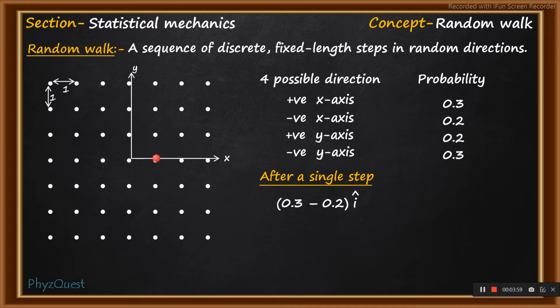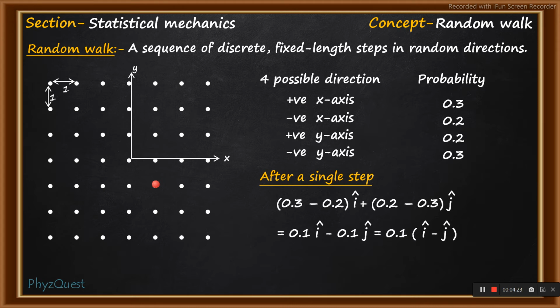Along the y axis, the movement of the particle will be (0.2 minus 0.3) j cap. Ultimately upon calculation this will be 0.1 i cap minus 0.1 j cap, which is equal to 0.1 (i cap minus j cap). So this indicates the position of the particle after a single step.